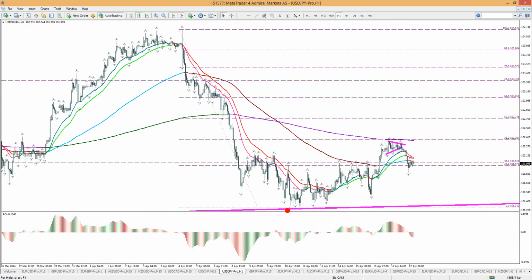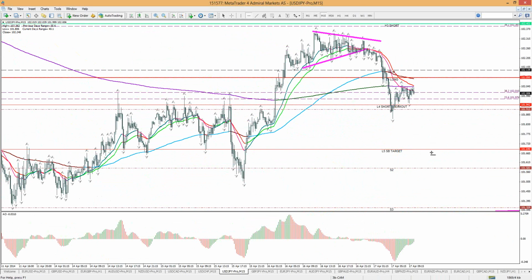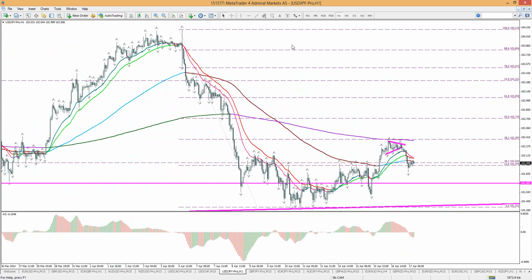In any case, this trend line is a good thing to keep an eye on. For the moment, though, looking at the 15, that seems a bit more clear that we could have that space down to 101.70. What would that 101.70 be? That would be pretty close to the support level again.